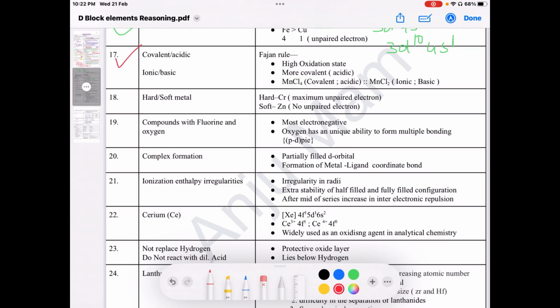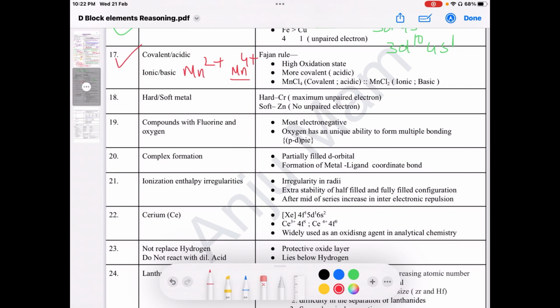And in case of manganese, if we have Mn2 plus and Mn4 plus, Mn4 plus means a higher oxidation state. It means the number of vacant orbitals here is more than that of Mn2 plus. It means it can accommodate more and more electrons. So that's why covalent, acidic; ionic, basic.